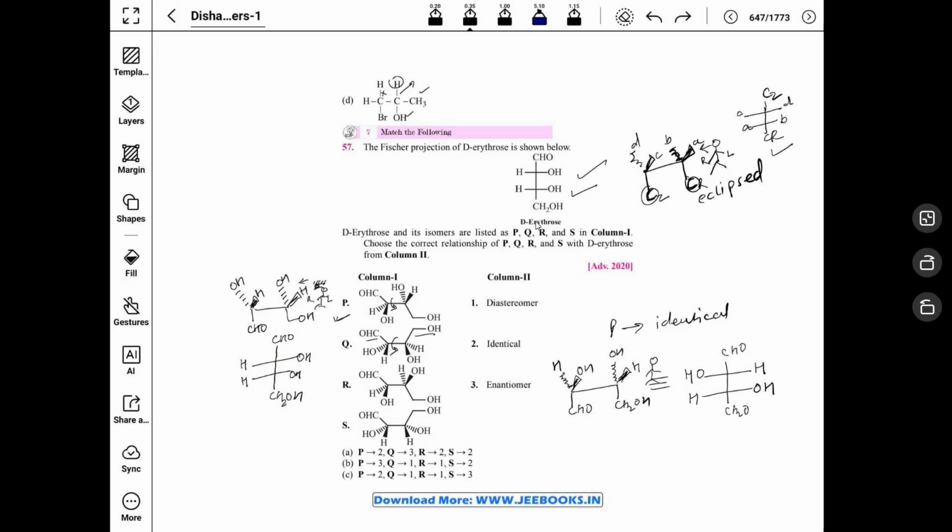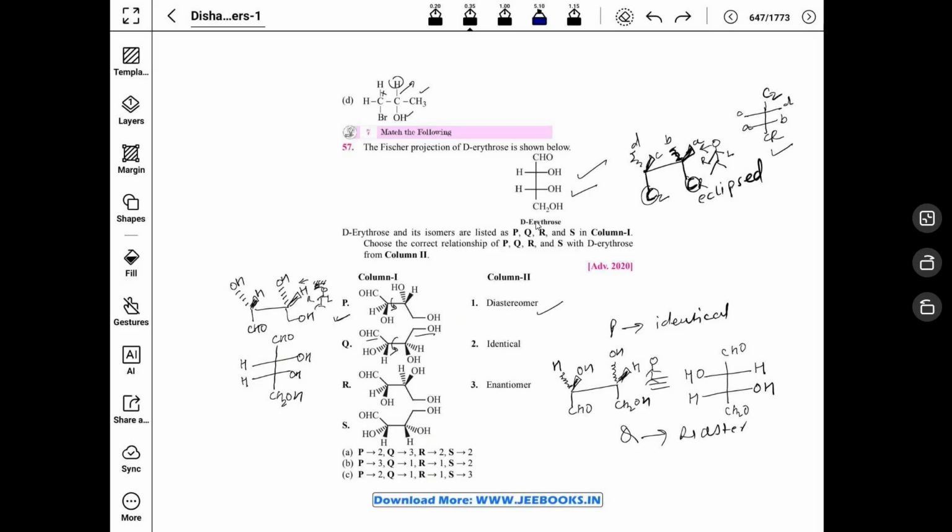These are not mirror images of each other. When they are not mirror images, then what are they? Diastereomers. We know that diastereomers are those stereoisomers which are non-mirror images. They don't have a mirror image relationship. So therefore, we can say that molecule Q is diastereomers.